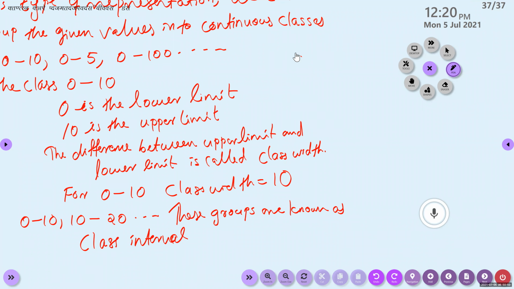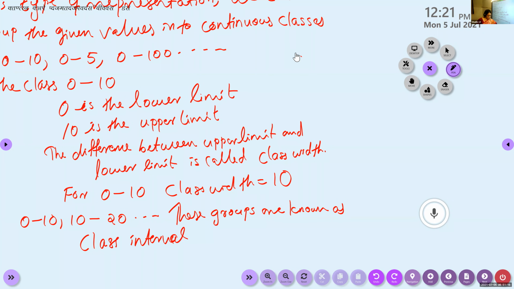Yes, ma'am. Okay, so the second class is 125 to 150. See, 100 to 125, then from 125 we are starting the next class, 125 to 150. So what is the class width they have chosen here? 25.